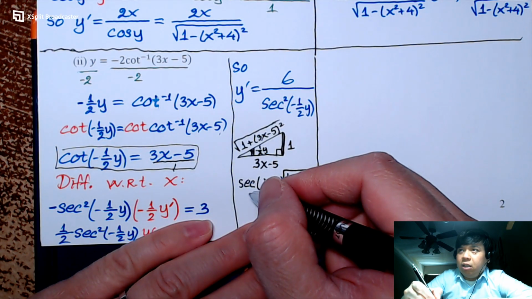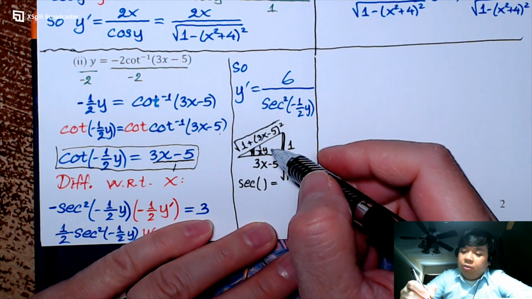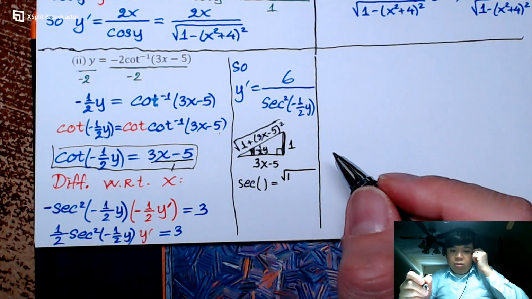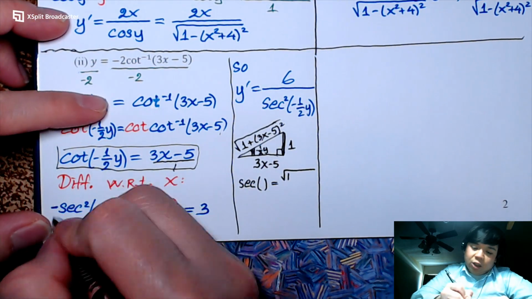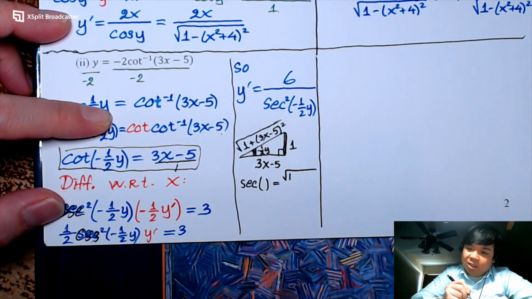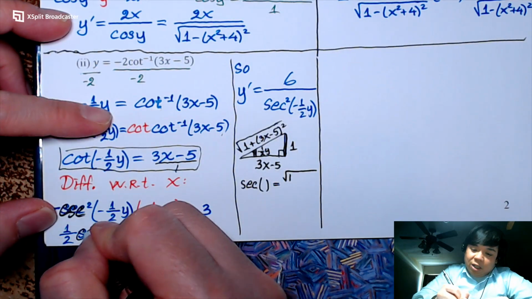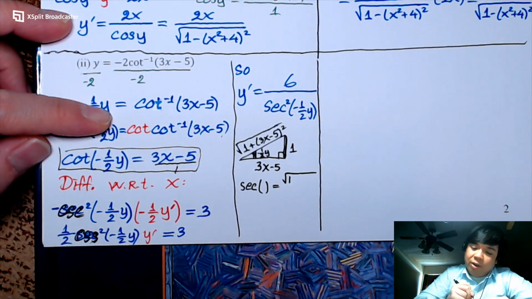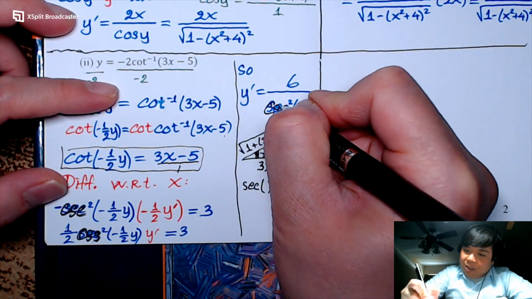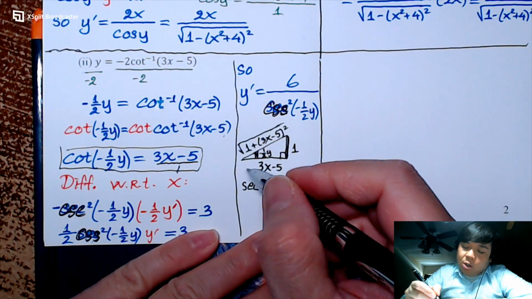Sorry, derivative of cotangent is negative cosecant square. So cosecant. Okay. So we need cosecant.